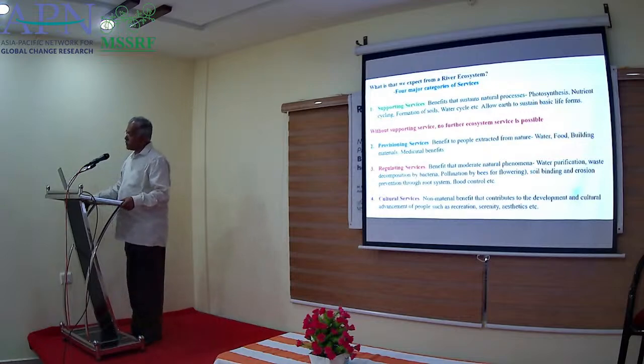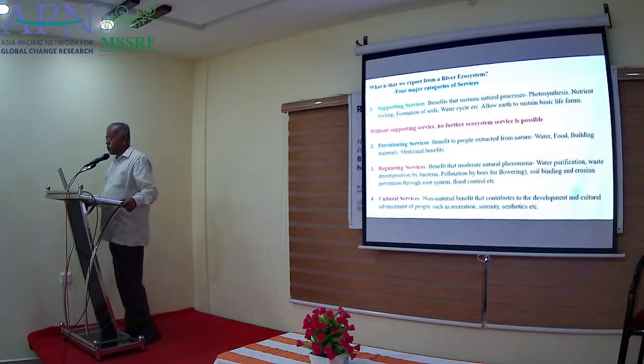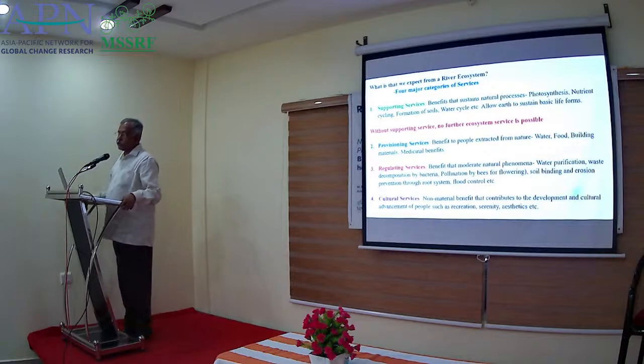I have also given the provisioning services of a river ecosystem: it provides water, food, building materials, medicinal benefits, etc. Then it regulates: water purification, waste decomposition by bacteria, pollination of flowering plants by bees, soil binding and erosion prevention through root systems, flood control, etc. These are the regulating services.